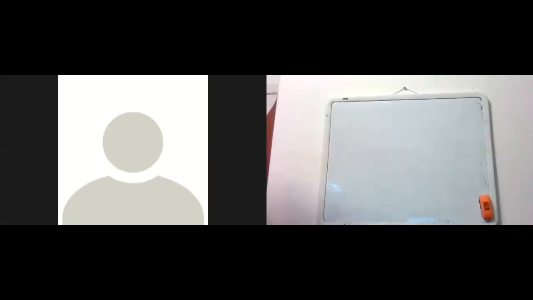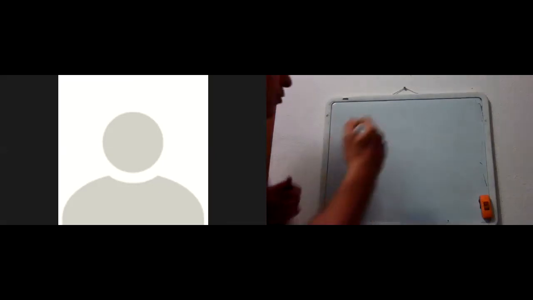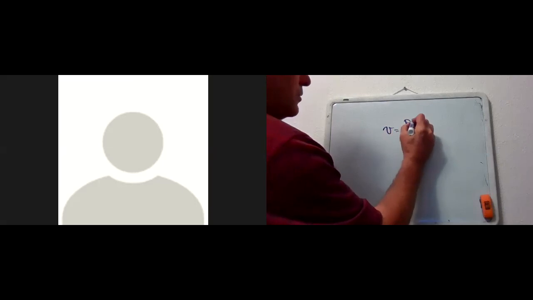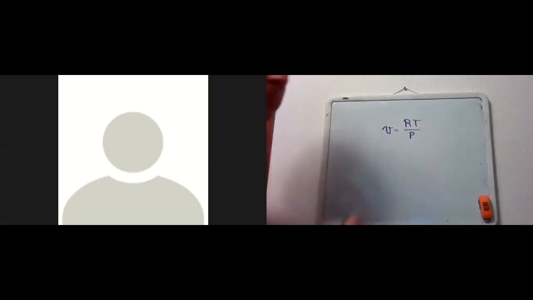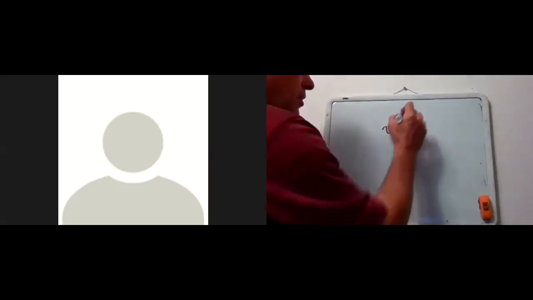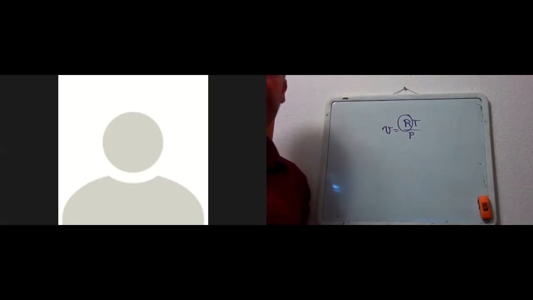If I could explain where I'm coming from, I don't know if you can see the board right here, but for many problems in class and on homework, we use this equation. And on homework and in class, we got this R value from the tables in our textbook.